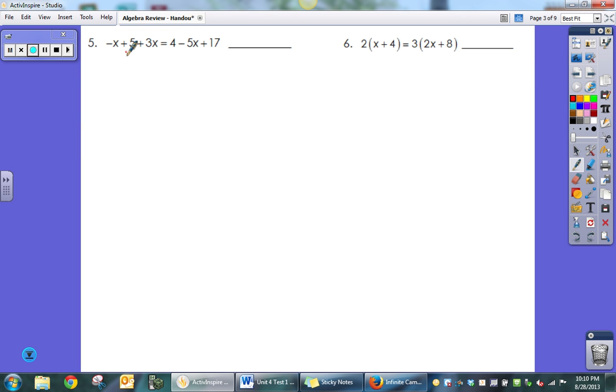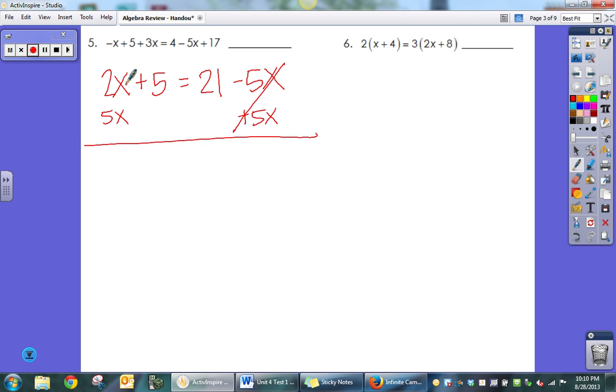Combining like terms on the same side of my equation, I get 2x, positive 3 and negative 1, plus 5 equals, and then combining like terms on the same side, 4 and 17 is going to be 21. I'm going to move my 5x to the other side by adding it. So those cancel out. I've got 7x plus 5 equals 21.